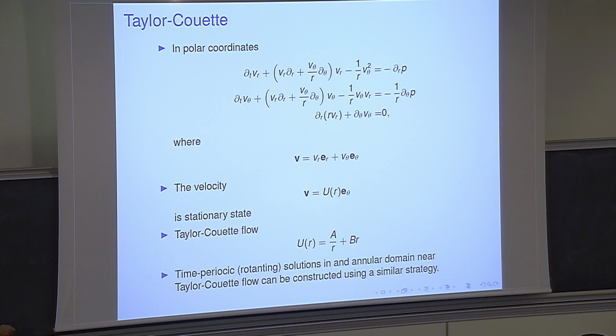And in this setting, the Taylor-Couette flow is the one where the angular component of the velocity is given by this expression. Okay, and we consider these equations in an annulus, something like that, between R1 and R2.